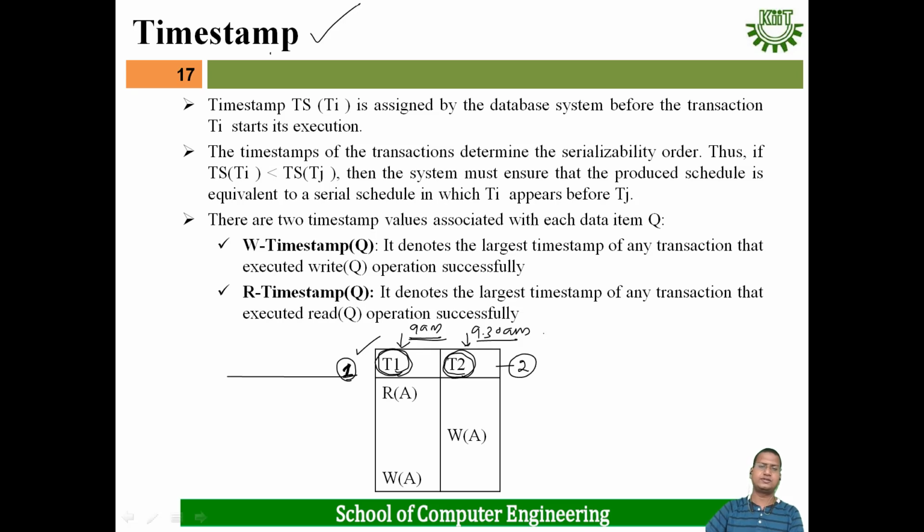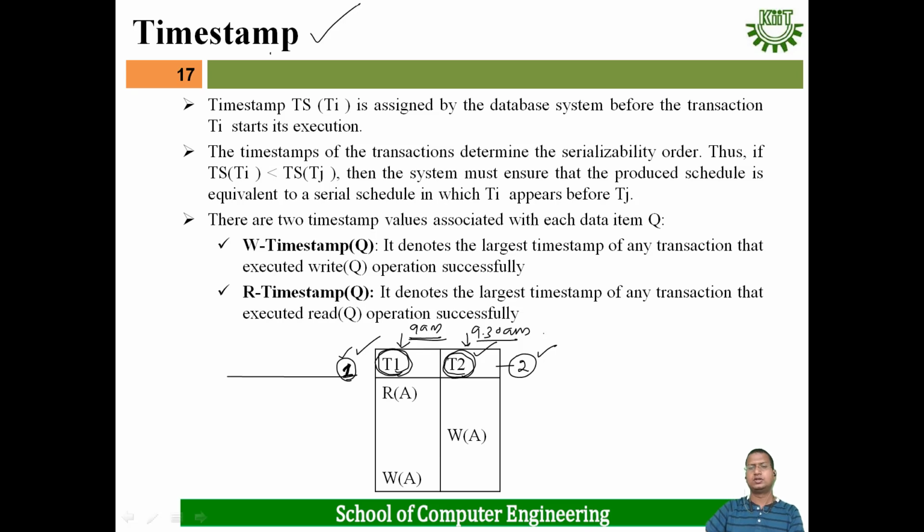Then we can say this 1 and 2 are your timestamps. And in this timestamp ordering protocol, whenever a transaction starts, a timestamp or a number will be assigned to that transaction, and after some time, if another transaction starts, then a number greater than the first number will be assigned to that transaction.